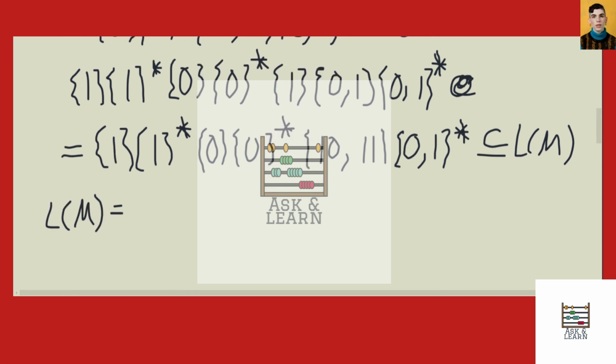So we have that this language L(M) is equal to 0 0 star, union 1 1 star, and then 0 0 star.